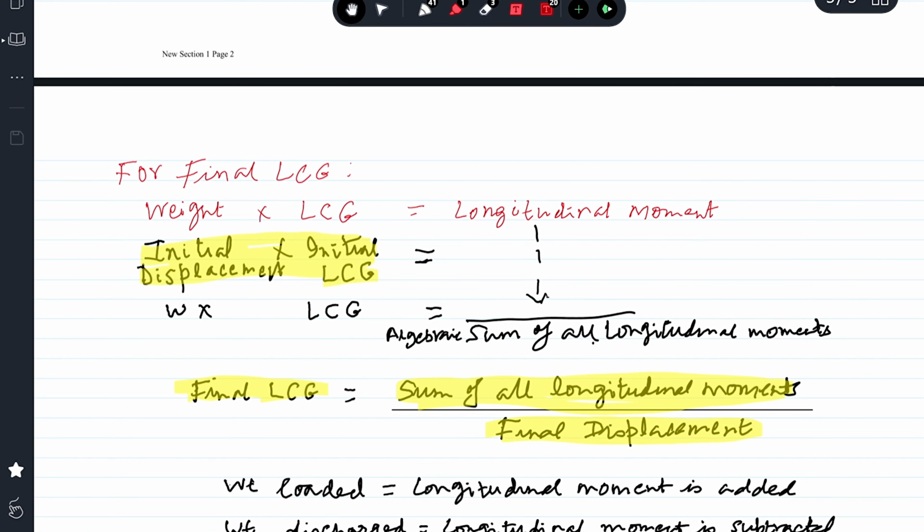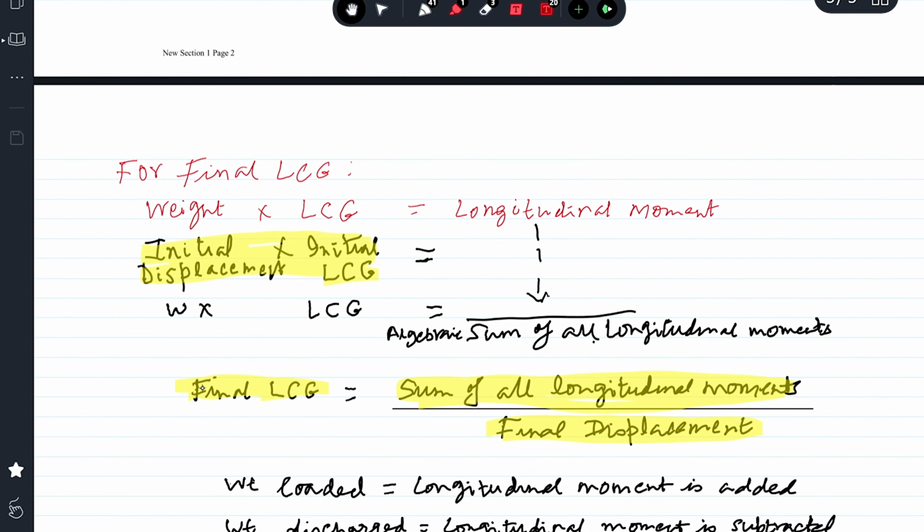We take moments from after perpendicular. Weight multiplied by its LCG gives the longitudinal moment. And remember, when you are finding the LCG by this method, do not forget to include the initial displacement of the vessel and initial LCG.